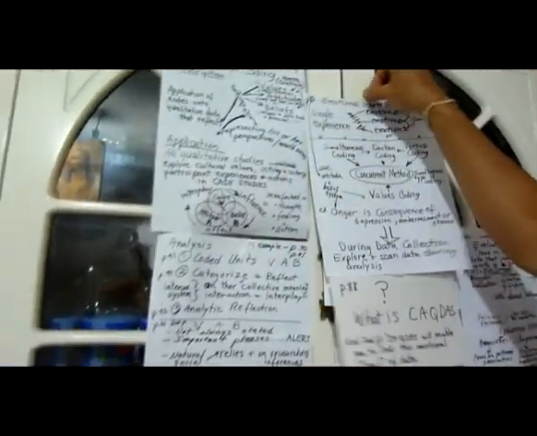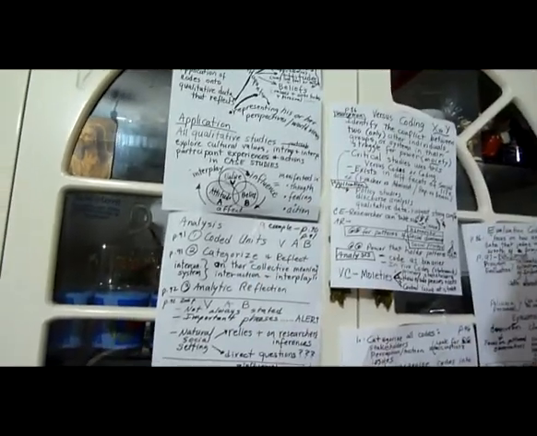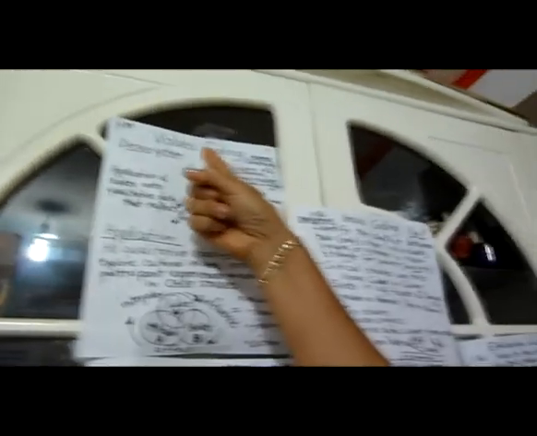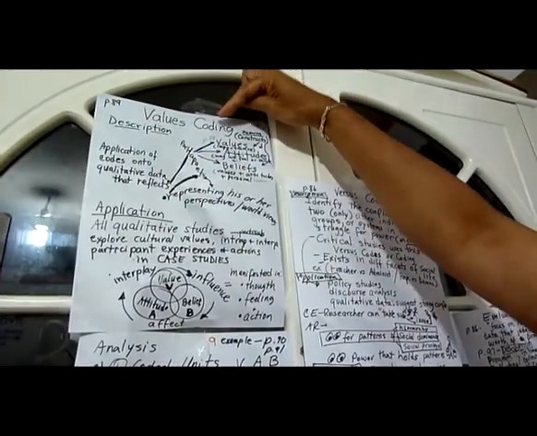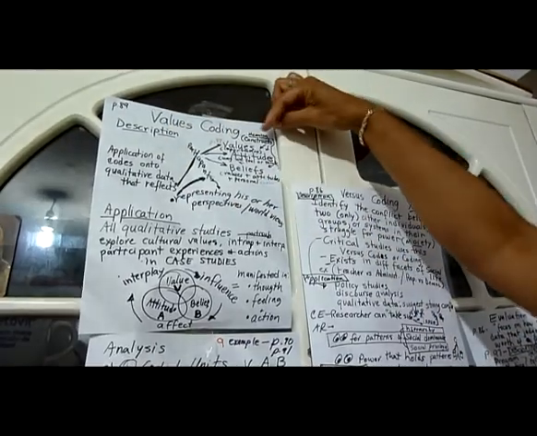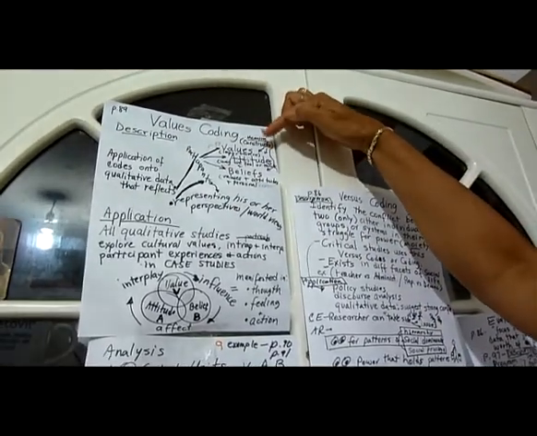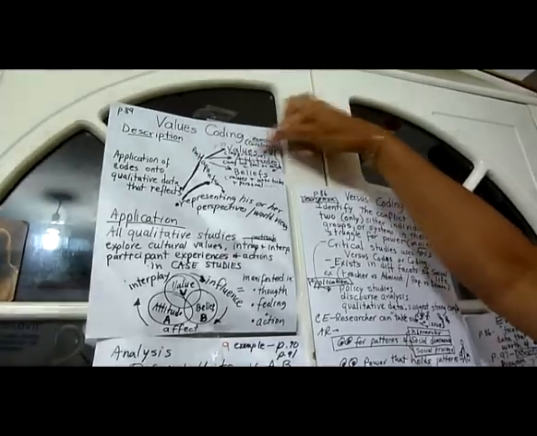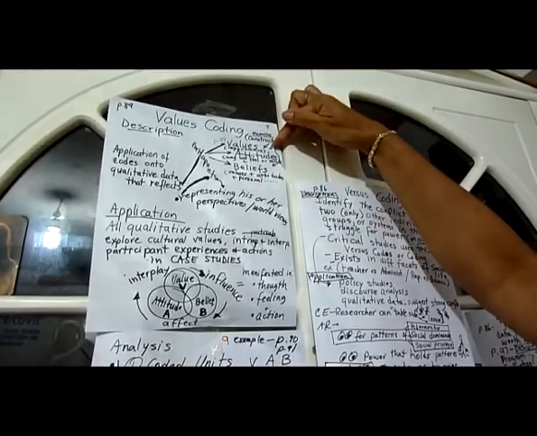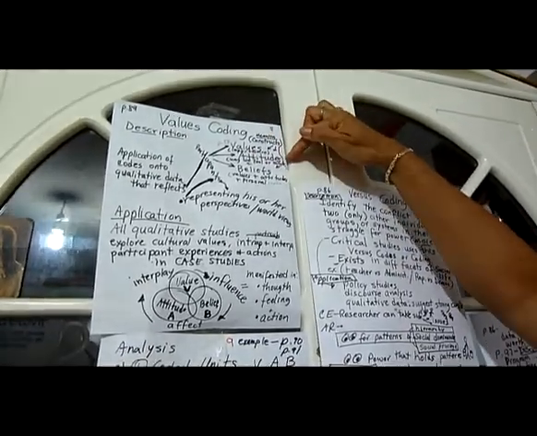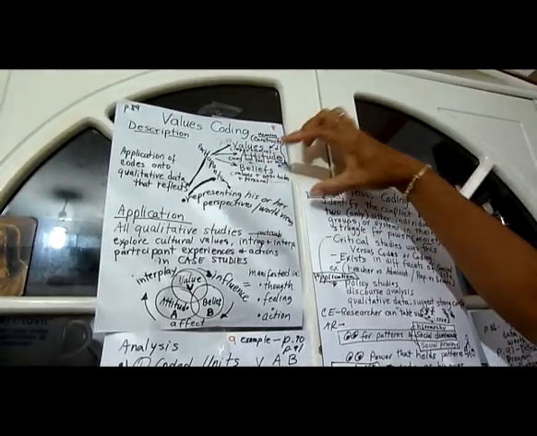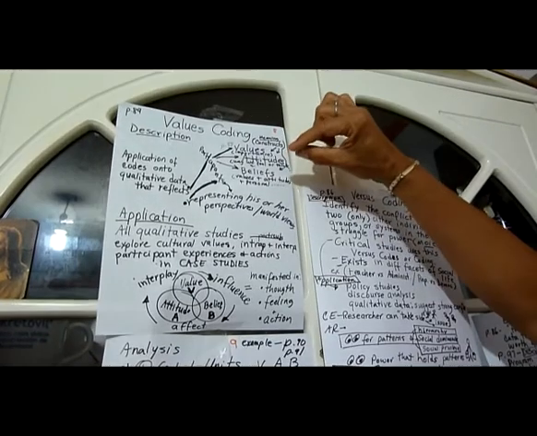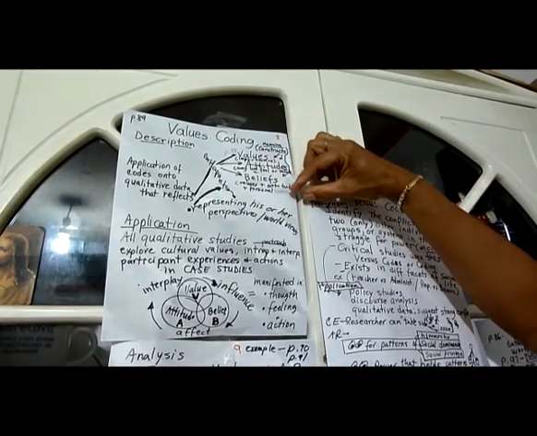The value coding, as I mentioned before, has a great relationship with emotion coding, because the emotions depend on the values of the participants. And the values can be based on the importance of something, the attitude, how we feel or think about something, or the beliefs of the participants, which are more related to attributes and personal experiences.